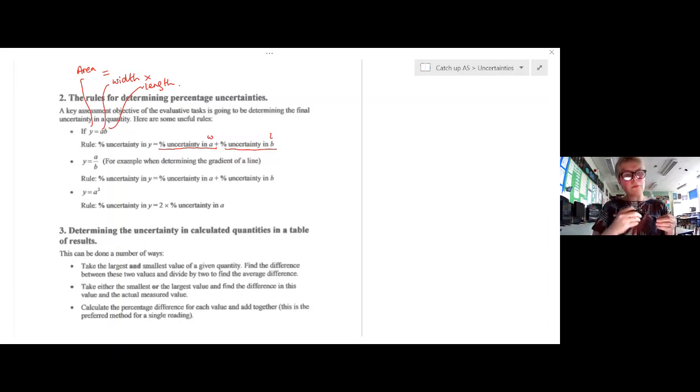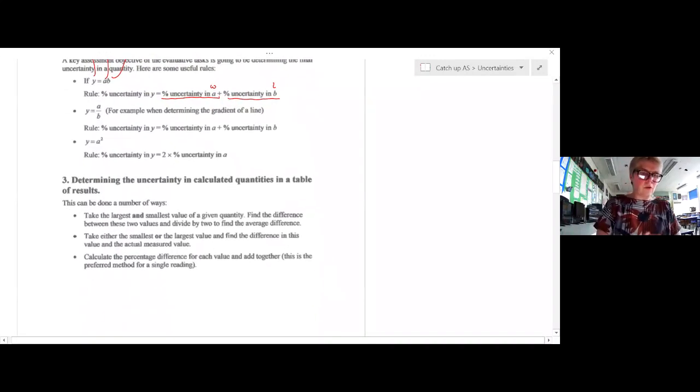So you have to be adding percentage uncertainties, and that's why you've got to almost like convert them into percentage uncertainties, and then you calculate your final value, and then you use your percentage uncertainty in your calculated value by adding up all the different ones that you've been using in the equation, and then you have to turn back and work out what the uncertainty is in that measurement.